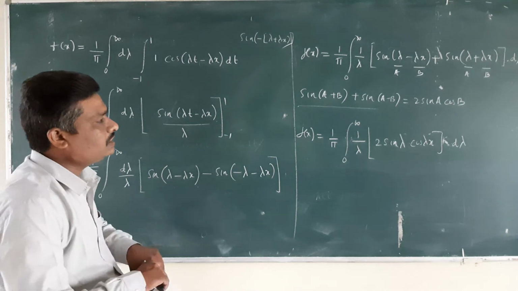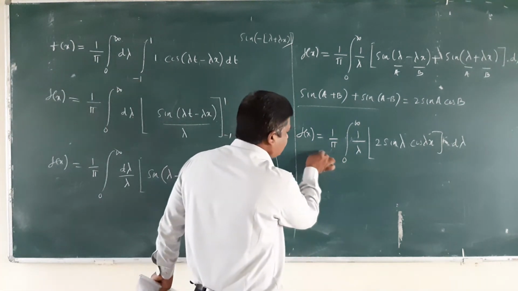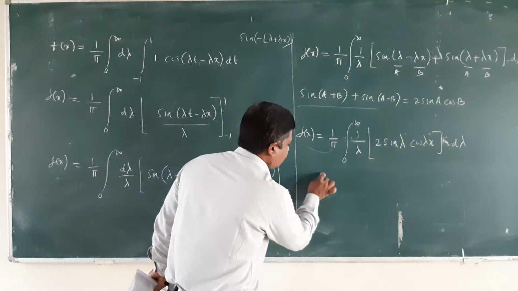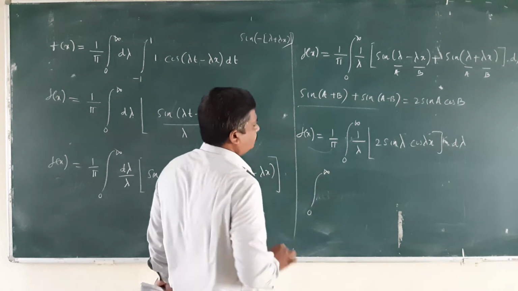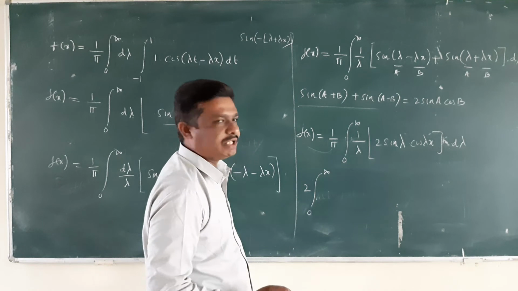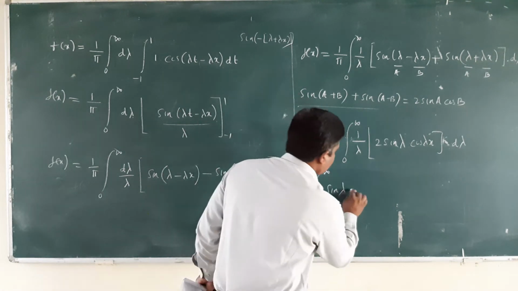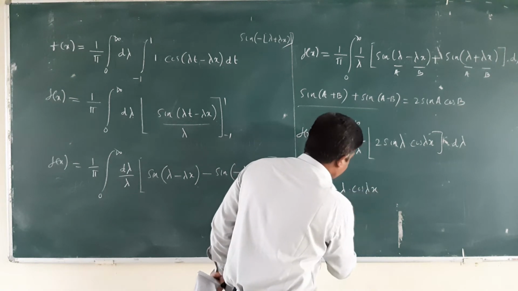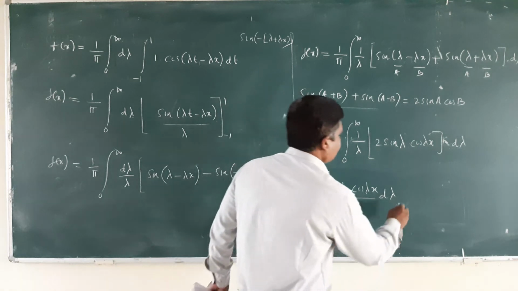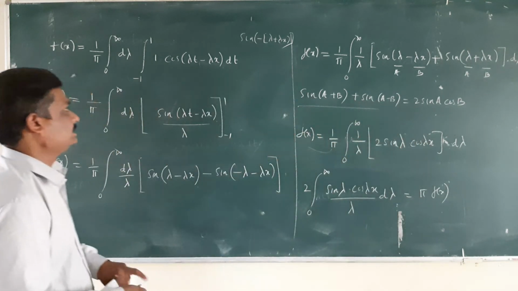Our second question is we have to evaluate the integral. Therefore now I will take this pi to LHS. Remaining is 0 to infinity, here 2 is constant, I will write outside the integral. 2 sine lambda into cos lambda x upon lambda into d lambda is equal to pi into f of x.